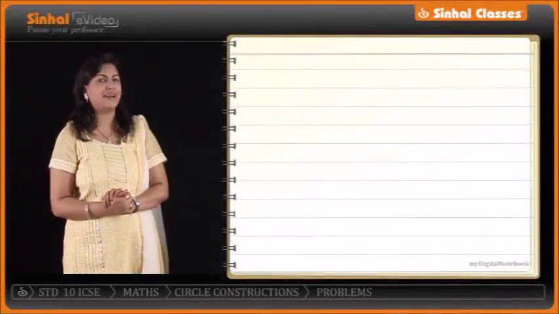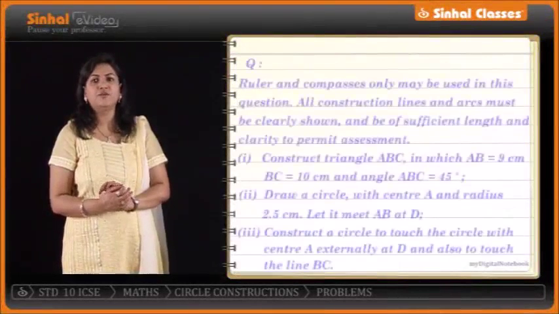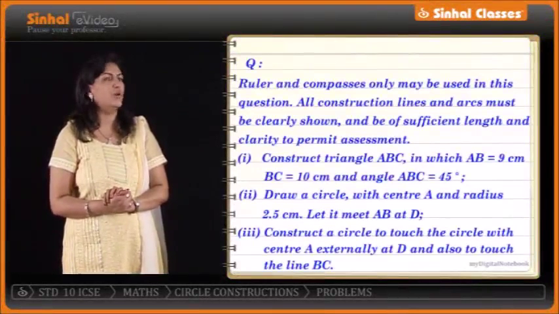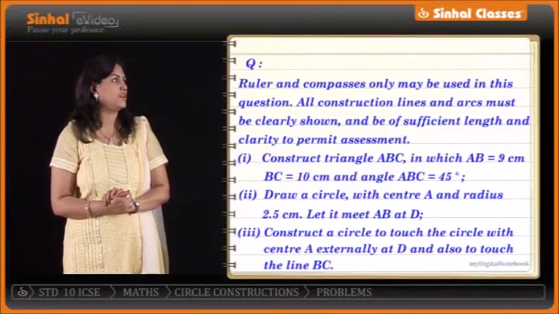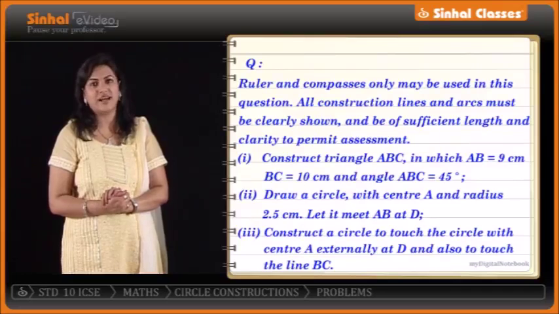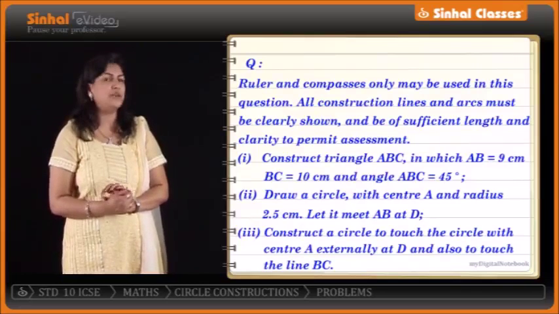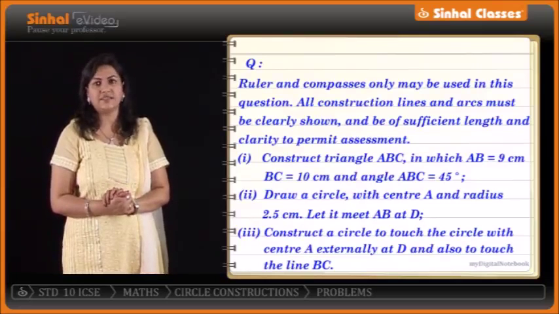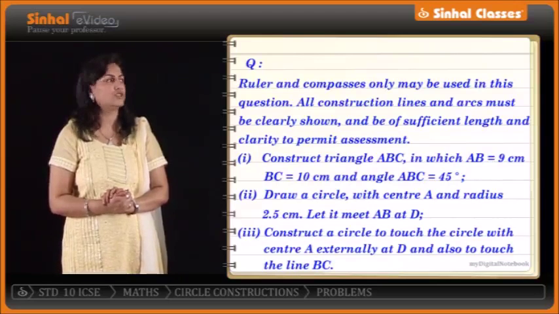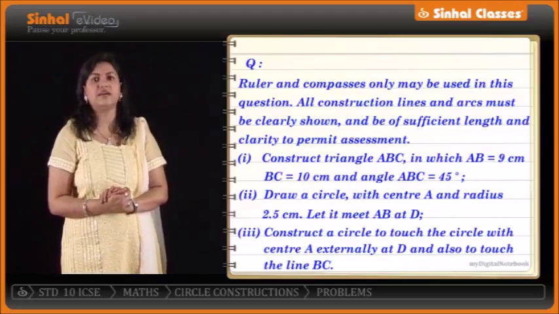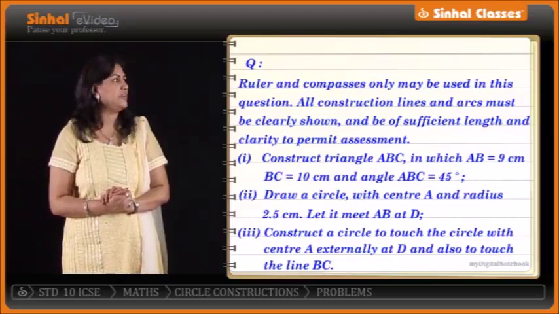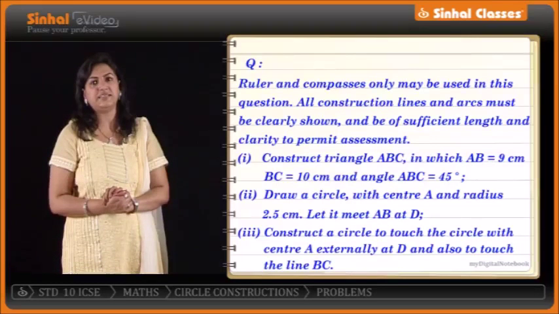Now, let's take our next problem. Ruler and compasses only may be used in this question. All construction lines and arcs must be clearly shown and be of sufficient length and clarity to permit assessment. Construct a triangle ABC in which AB is 9 cm, BC is 10 cm and angle ABC is 45 degrees.